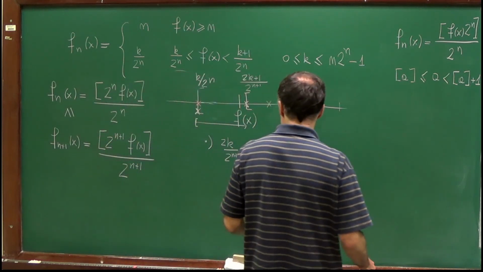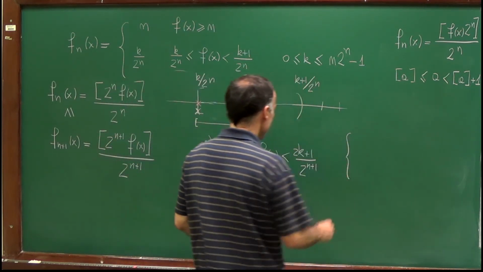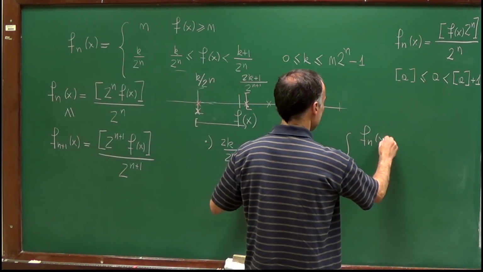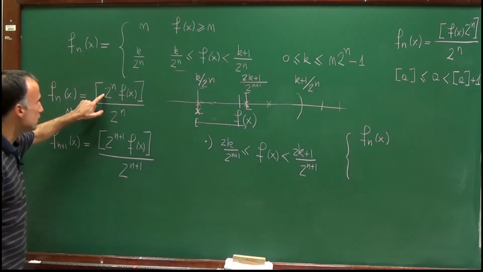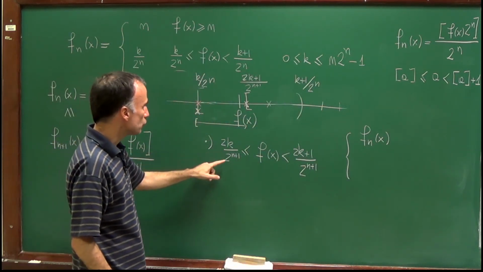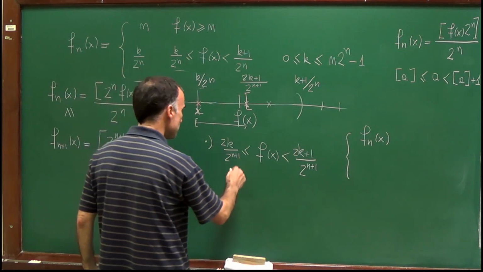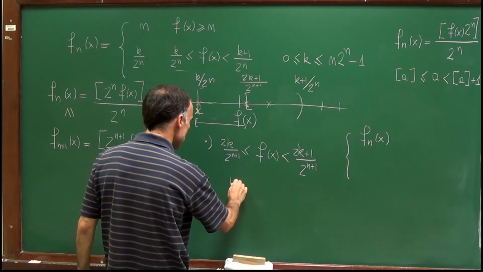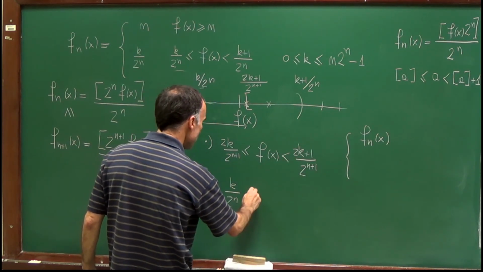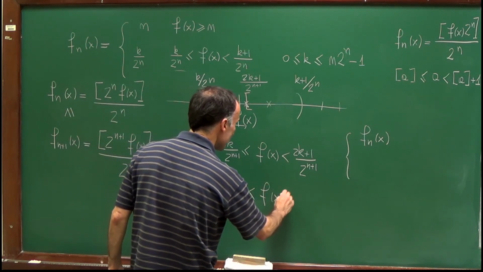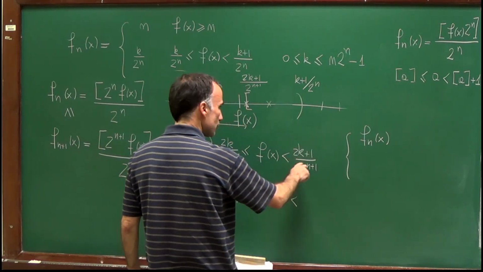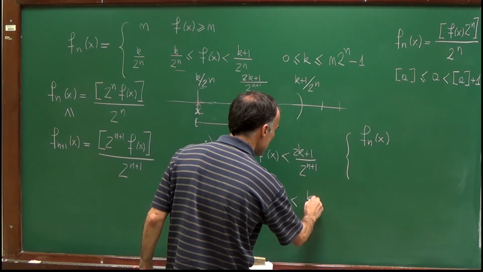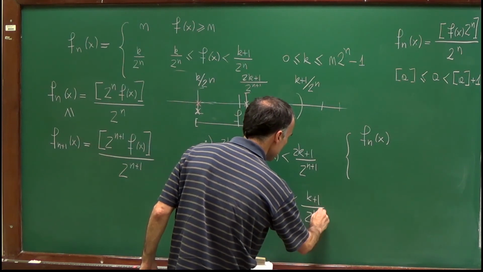Well, in this case, fn of x, whose definition is here, so this means that since f of x belongs to that interval, it's also true that k over 2 to the power n is less than or equal to f of x, which is less than or equal to k plus 1 divided by 2 to the power n.